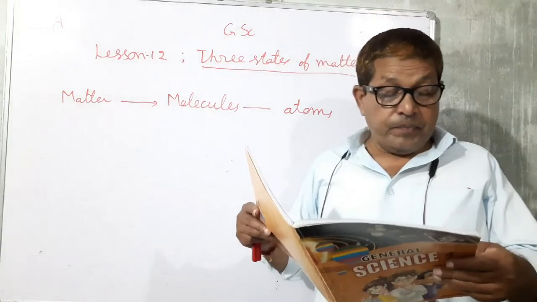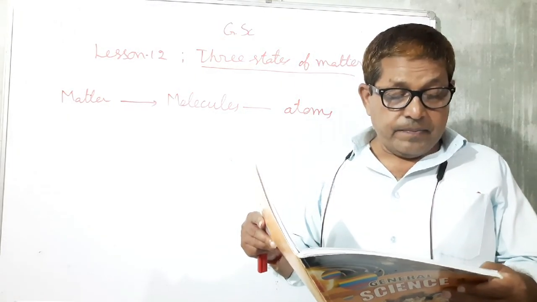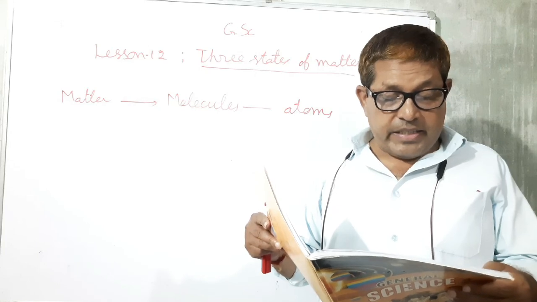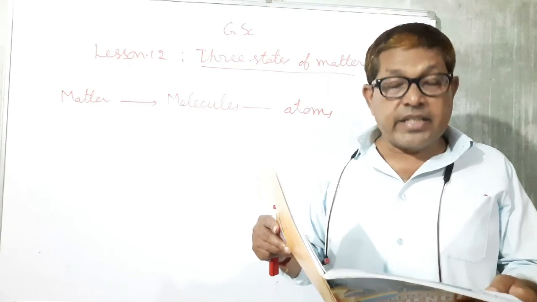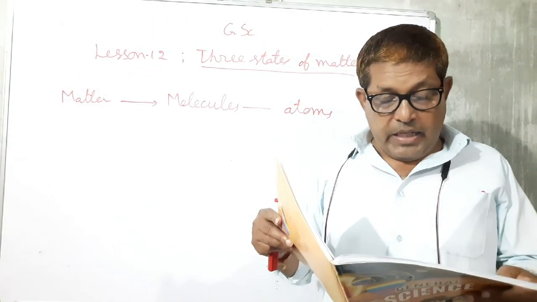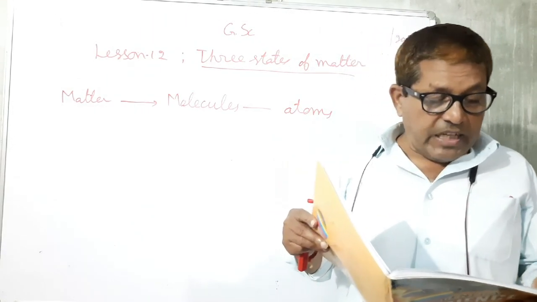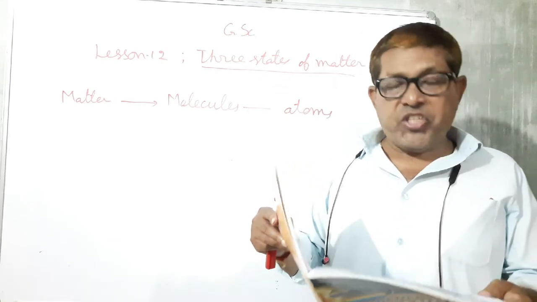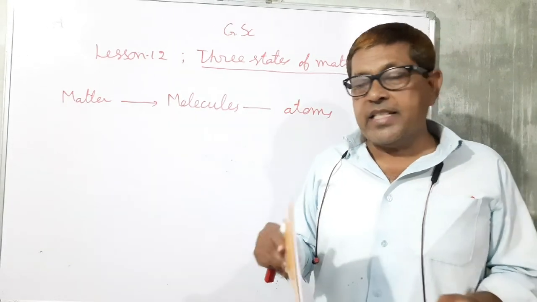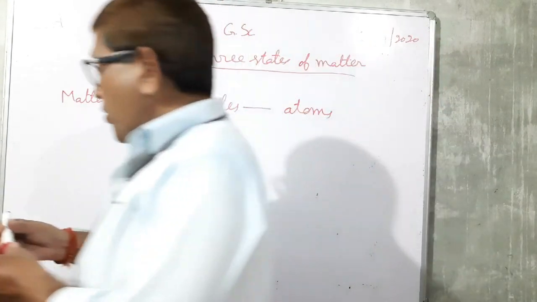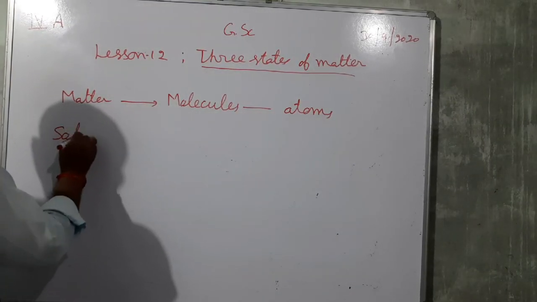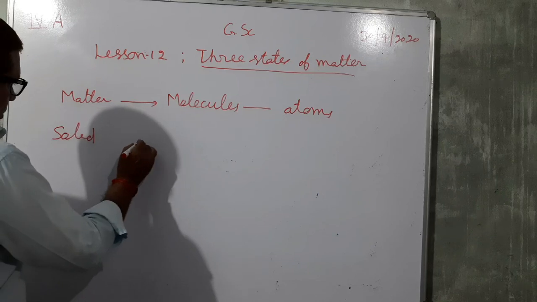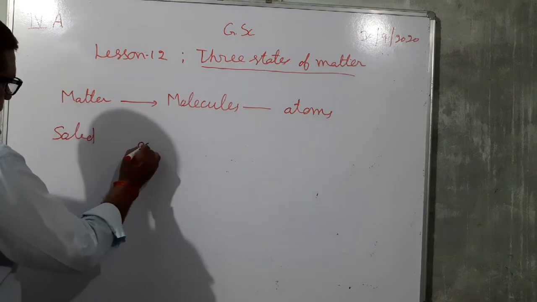A solid has a certain size and shape. In solids, the molecules are very close to each other. Suppose this is a solid. The molecules are very close to each other.